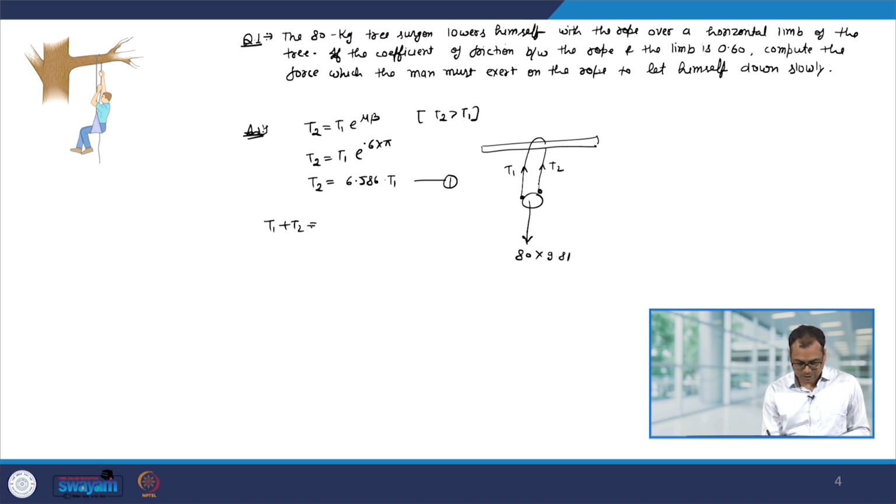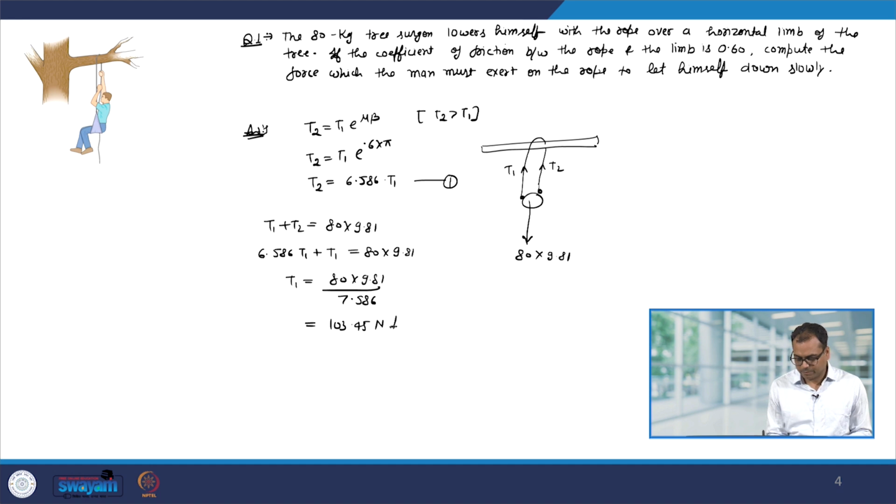So, T1 plus T2 will be 80 into 9.81, and we can put the value of T2 from equation number 1. So, 6.586 T1 plus T1 equals 80 into 9.81. This gives you T1 equal to 80 into 9.81 divided by 7.586, which will be 103.45 Newton.